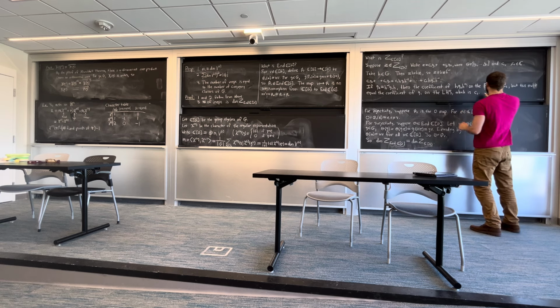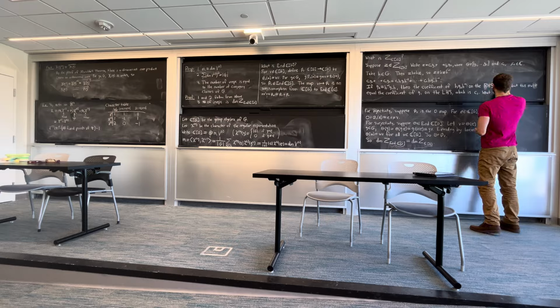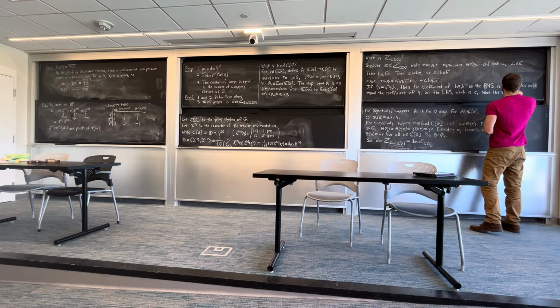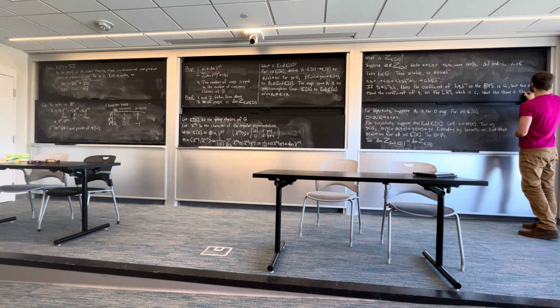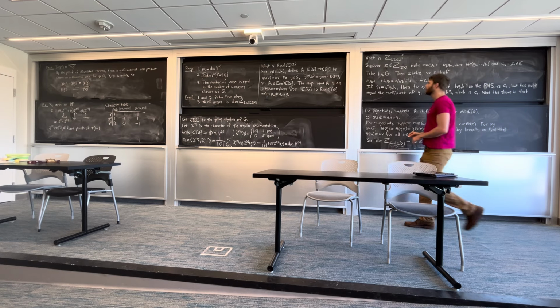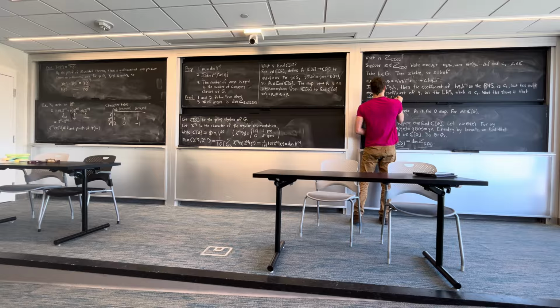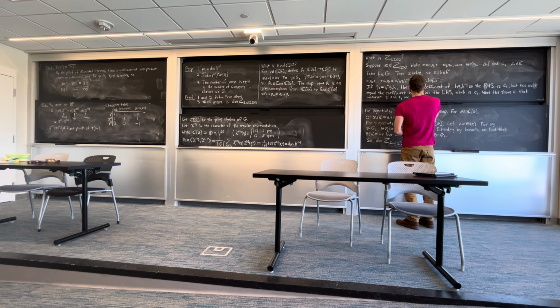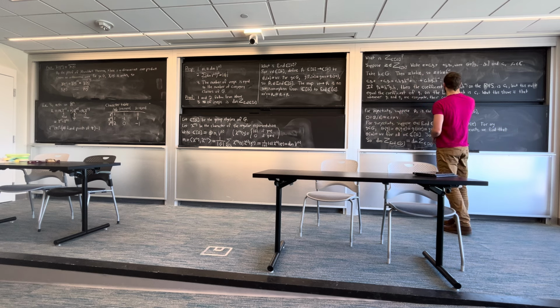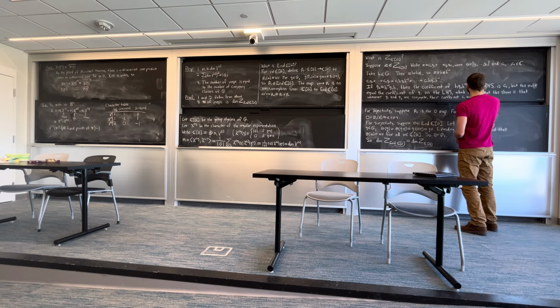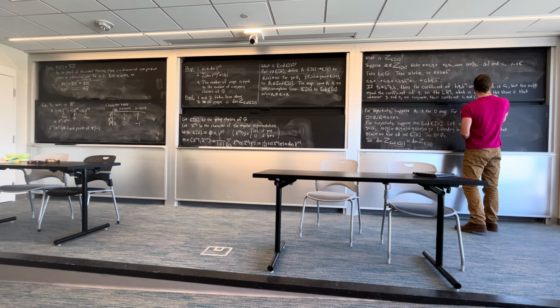So what this shows is that if I have any elements, let's say Gi and Gj, that are conjugate, their coefficients Ci and Cj are equal. Okay?